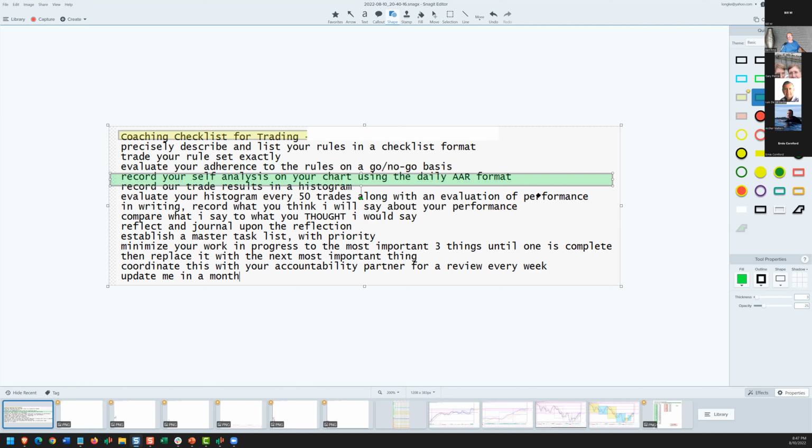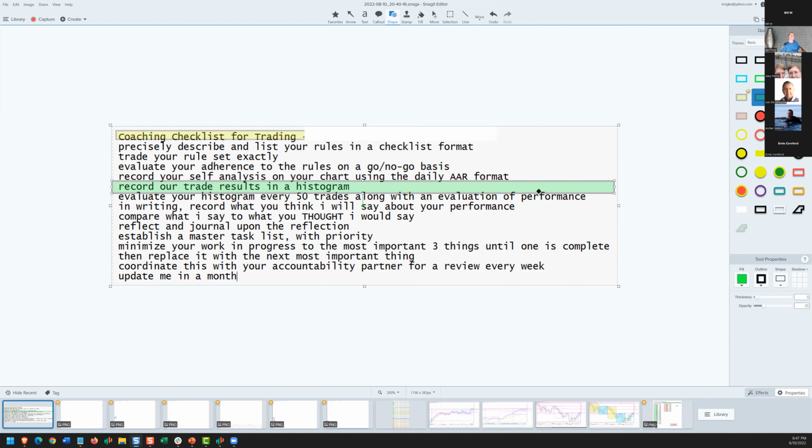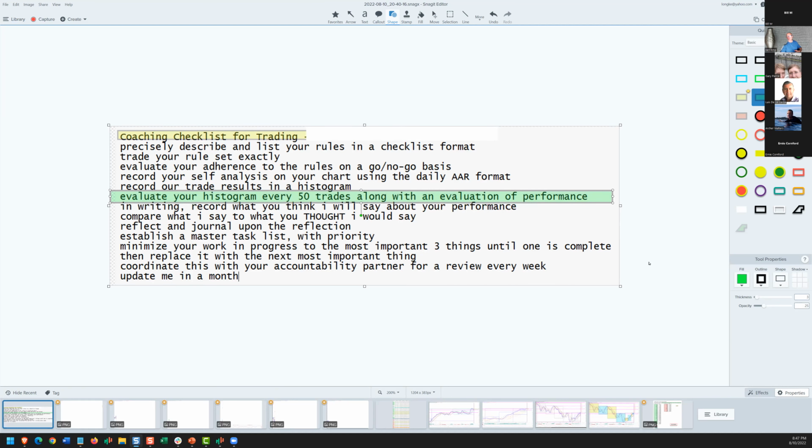You're going to record your trade results in a histogram using our little format. And then you're going to evaluate your histogram every 50 trades, along with an evaluation of your trading performance, which summarizes the notes from your daily after-action review. So every 50 trades is what gives you the large enough data set to actually take management action on the basis of data.